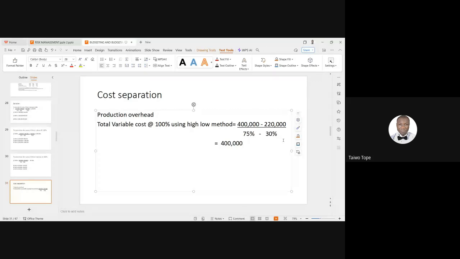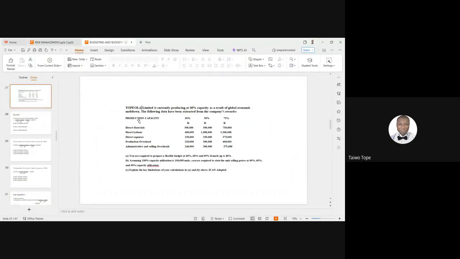Now, to determine your fixed cost, your fixed cost will be total cost minus variable cost. Now, going to the question, based on the highest activity level, your total cost at 75% activity level based on production overhead is 400,000.